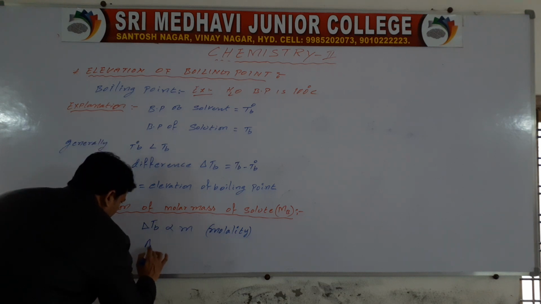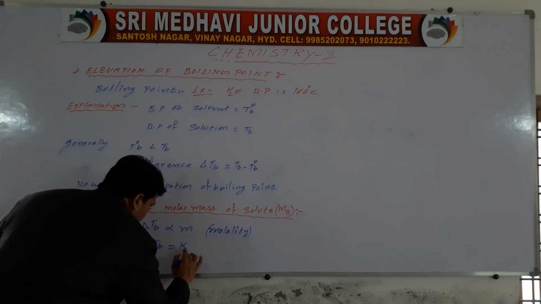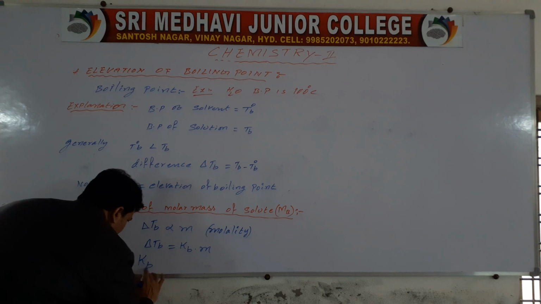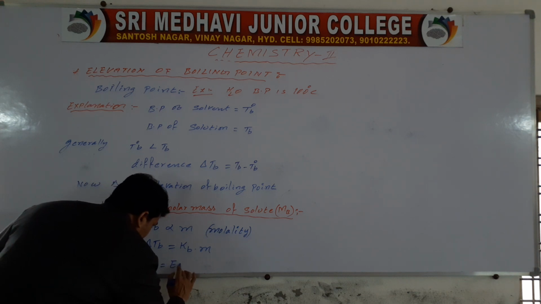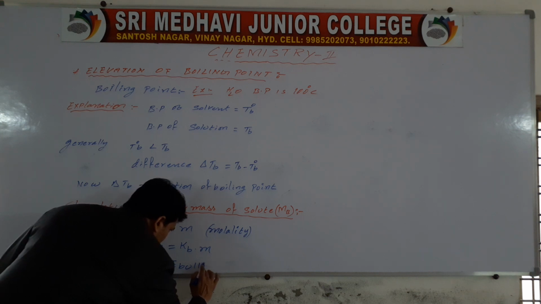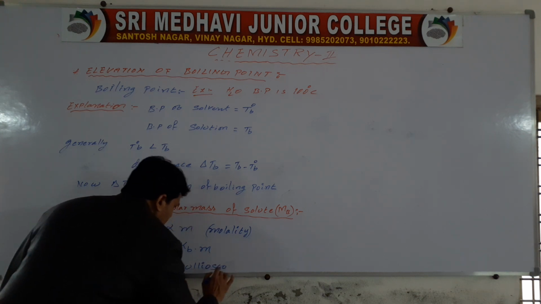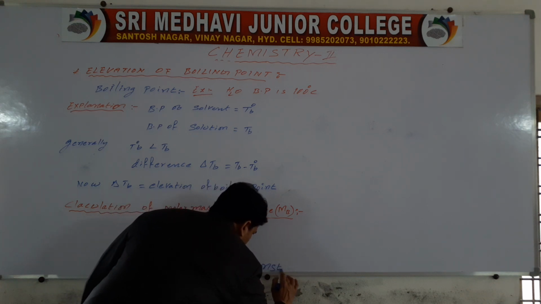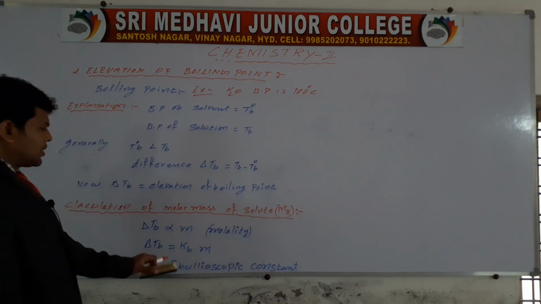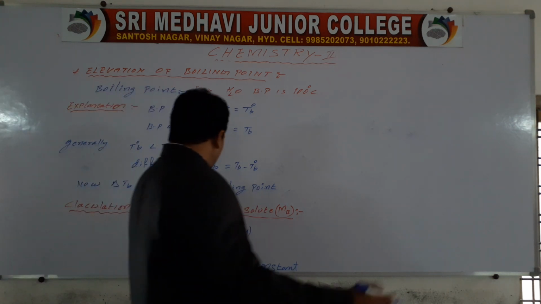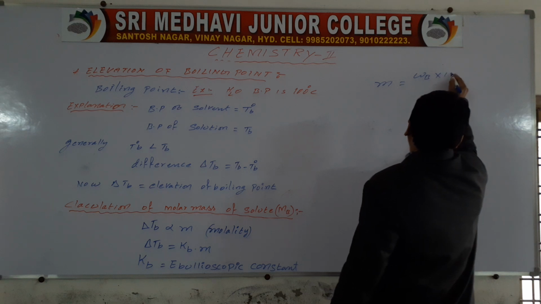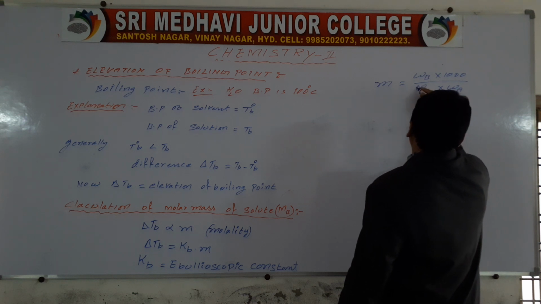Then delta TB equals KB into m, where KB is the ebullioscopic constant. Now we know m equals WB into 1000 by MB into WA.